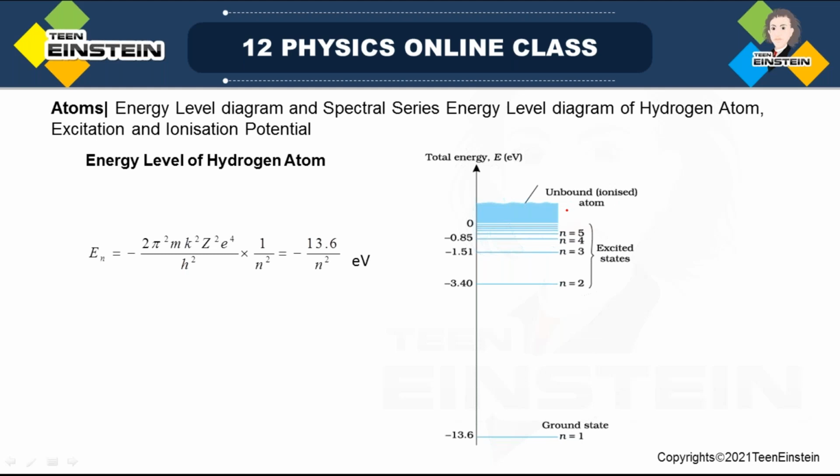So this is called ionized state or free state, a free electron. Here the electron can freely roam here and there, because in the free state the energy levels are continuous. So when an electron is taken to infinity, or just knocked out from an atom, then its energy will be zero.